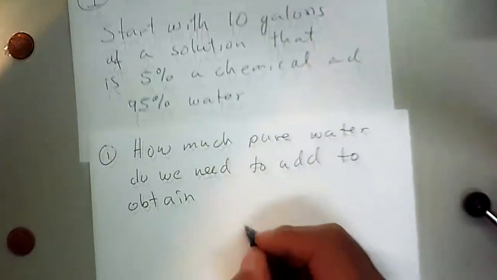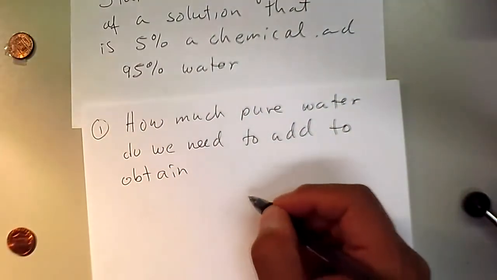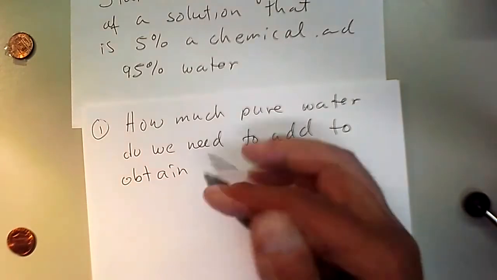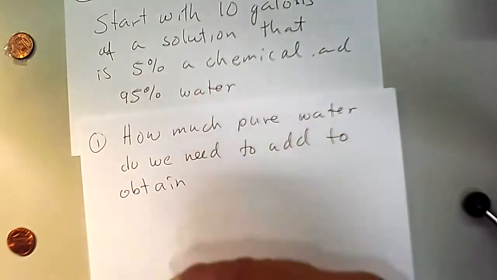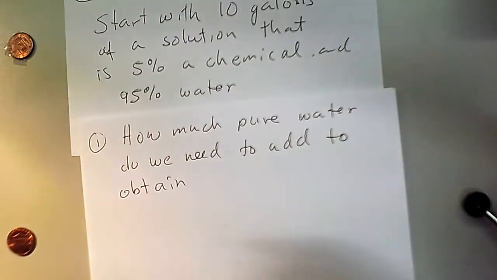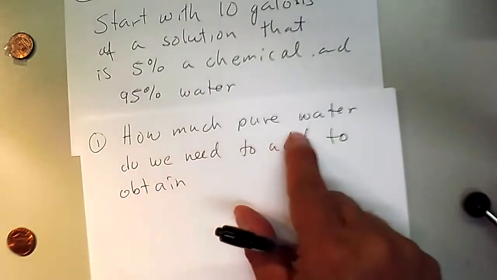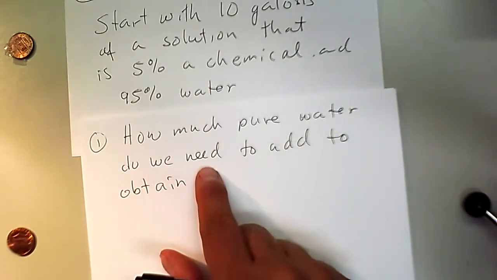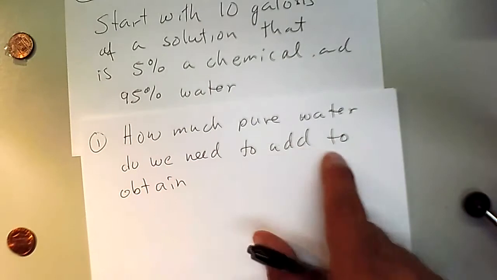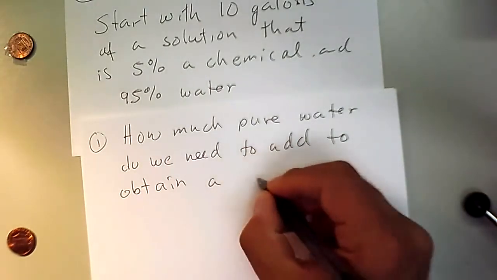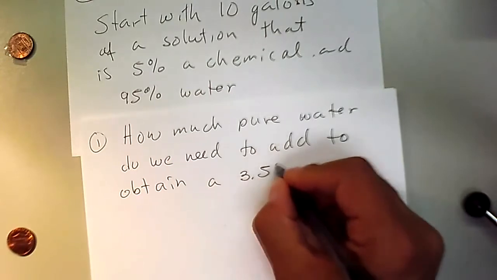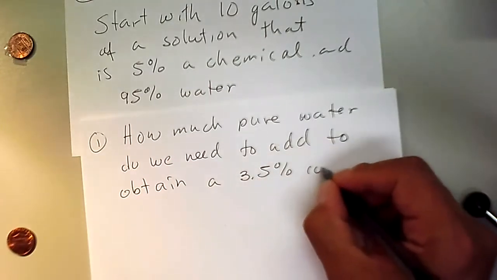Okay, so if we are going to add pure water, that means that the concentration is going to go down. Instead of 5%, it is going to be reduced. So we want something that is less than 5%. So how much pure water do we need to add to obtain a, let's say, 3.5% concentration?